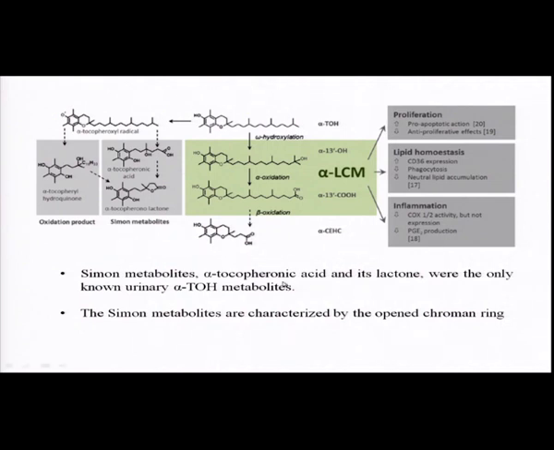In this case, the alpha tocopherol metabolites also possess a little bit of the action of vitamin E, but primarily we look at them as degradative products. The Simon metabolites are characterized by an opened chroman ring, and this provides the basis for the metabolites of vitamin E.